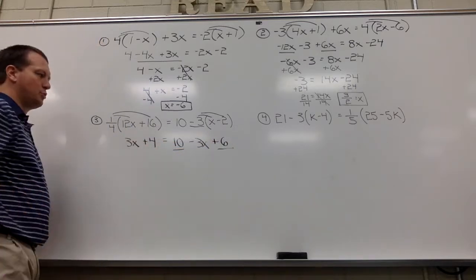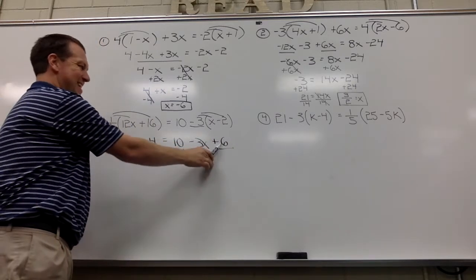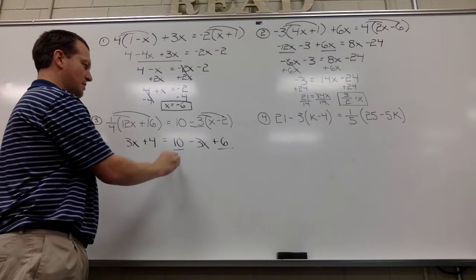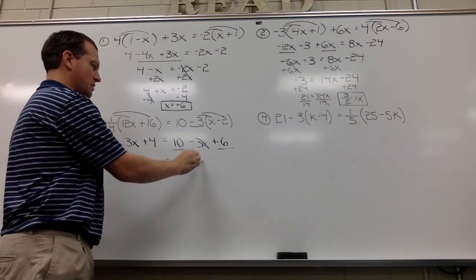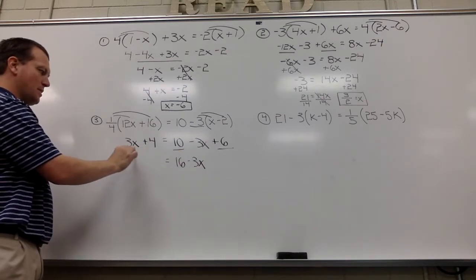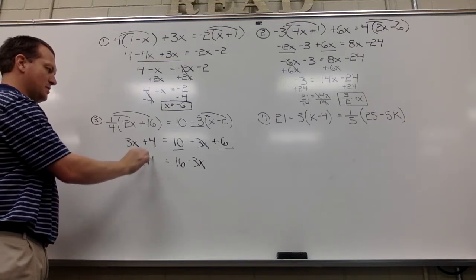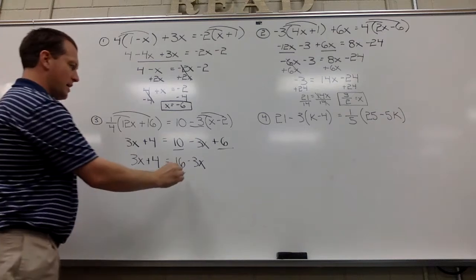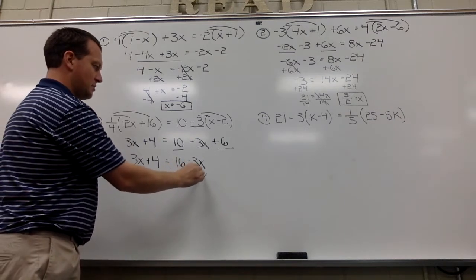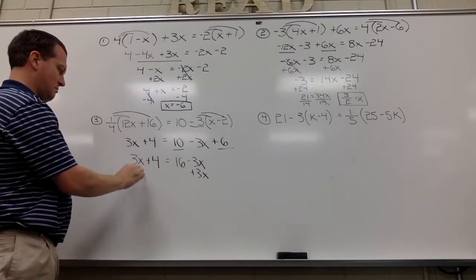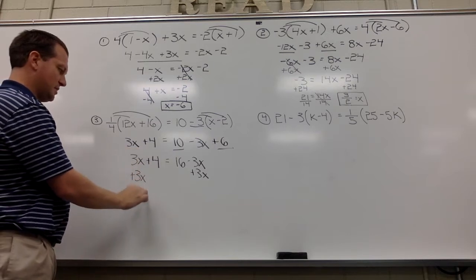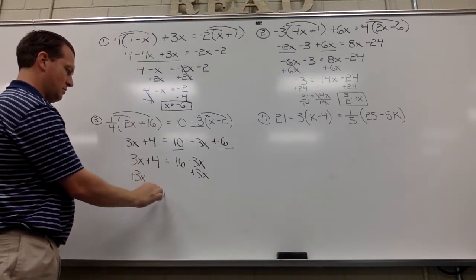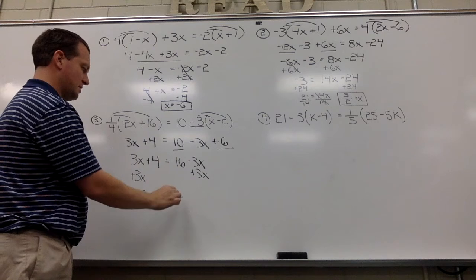Left side, nothing to put together. Right side, 10 and 6 will make 16 minus 3x. That will still equal my left side of 3x plus 4. I'll move the smaller, colder x by adding 3x to both sides. 3x, 3x, 6x plus 4 will equal 16.